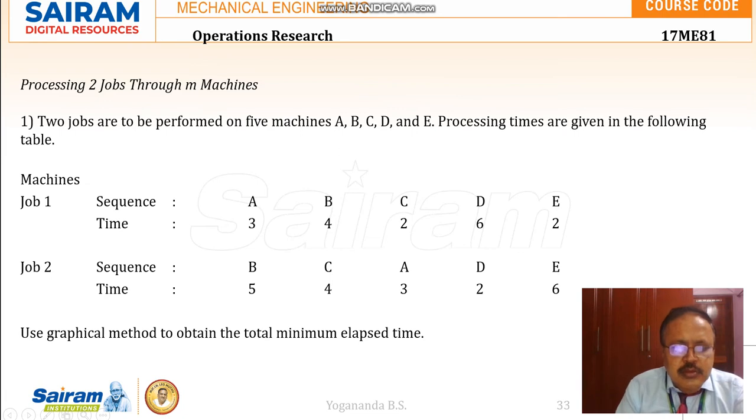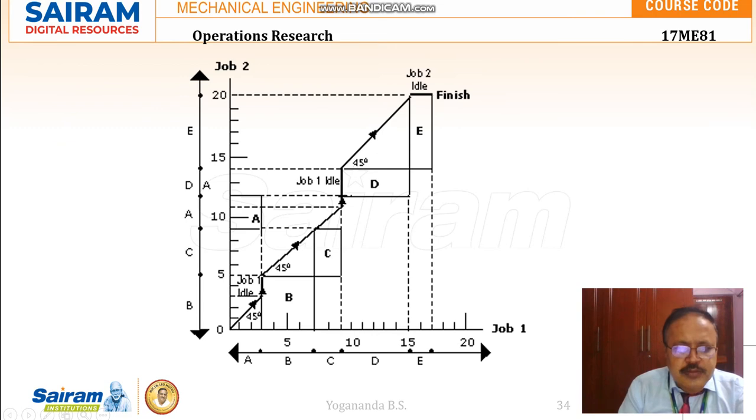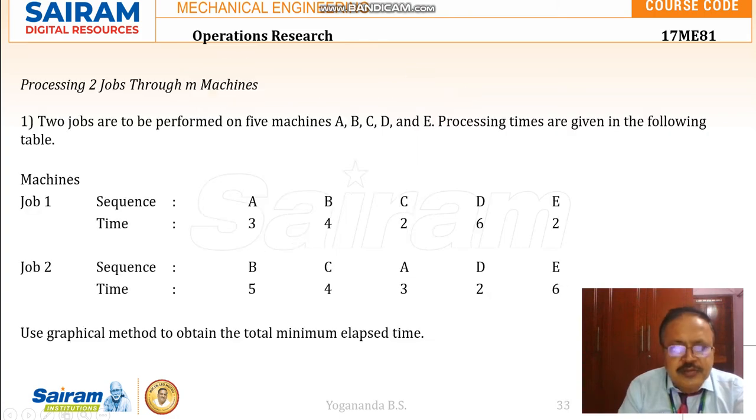Then after coming out of A, it has to enter machine B. So from 3, then 3 plus 4 is 7, till the 7th division: 3, 4, 5, 6, 7. So on the 7th division I am drawing a vertical lighter line.